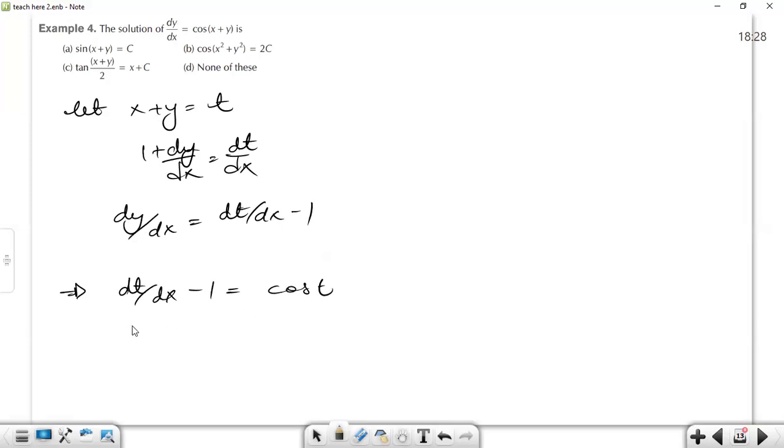Now taking the 1 on the right hand side, changing the sign, and writing the dt terms together. Now this is dx. Now we can try integrating this term.